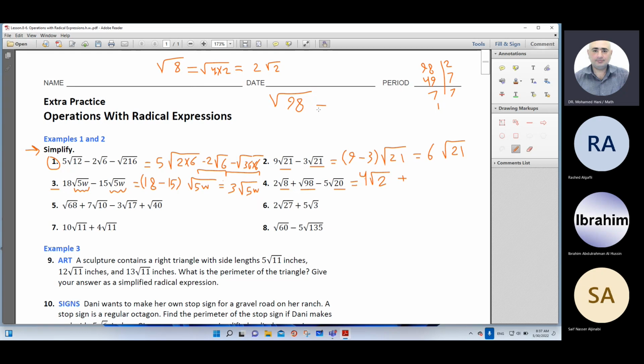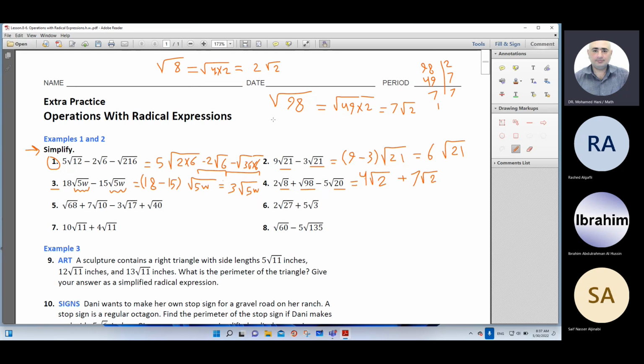So the square root of 98 will be the square root of 7 times 7, means 49, times 2. What is the square root of 49? 7. And what is the square root of 2? Will be square root of 2. So we can write 7 square root of 2.